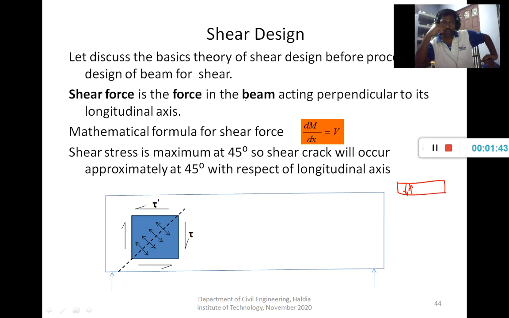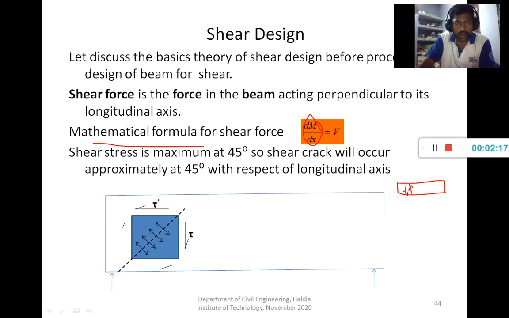Due to the shear force, a tangential stress is acting, and due to that force, the sliding occurs. The mathematical formula for shear force is dM/dx = V. So the change of bending moment per unit length is called the shear force. This means the slope of the bending moment diagram is equal to the shear force.